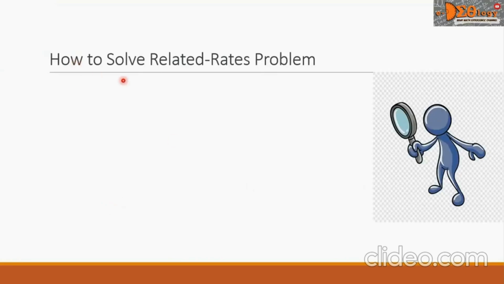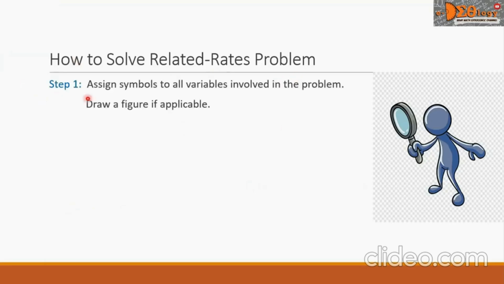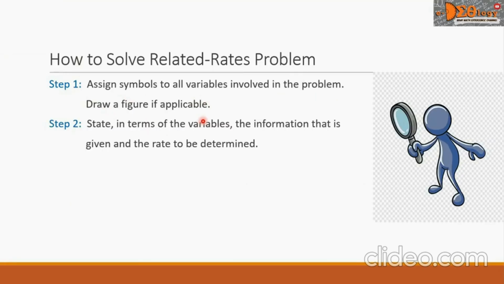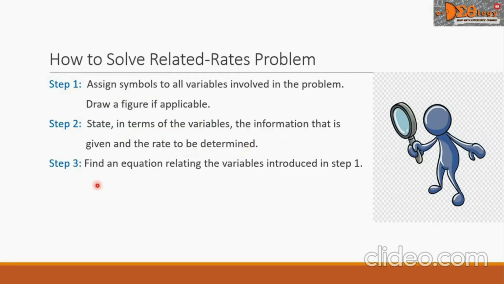Let us see how to solve related rates problems. Step 1. Assign symbols to all variables involved in the problem. Draw a figure if applicable. Step 2. State, in terms of the variables, the information that is given and the rate to be determined. Step 3. Find an equation or formula relating the variables introduced in step 1.